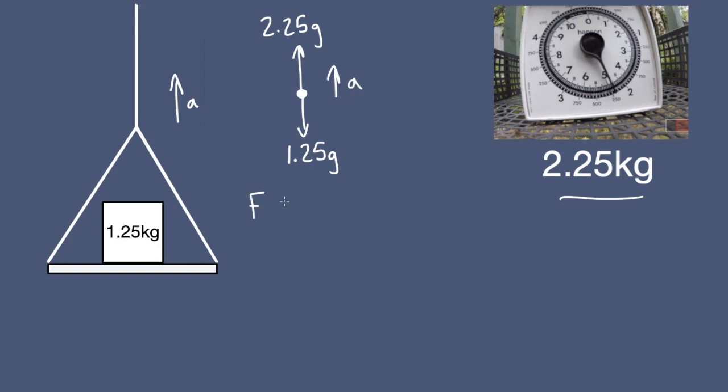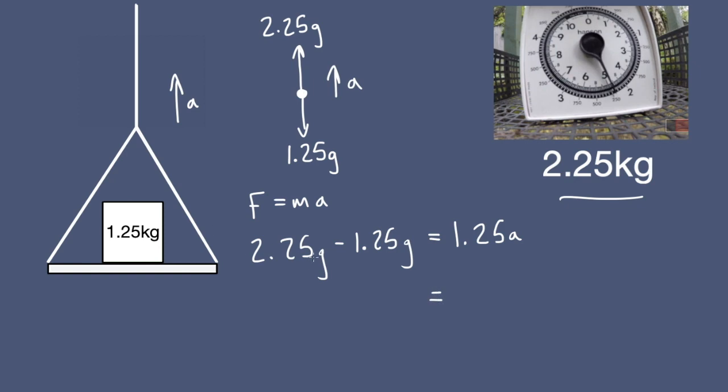So if we use F equals ma, just concentrating on this particle, we have 2.25 g going up minus the 1.25 g going down, and that equals 1.25 a.